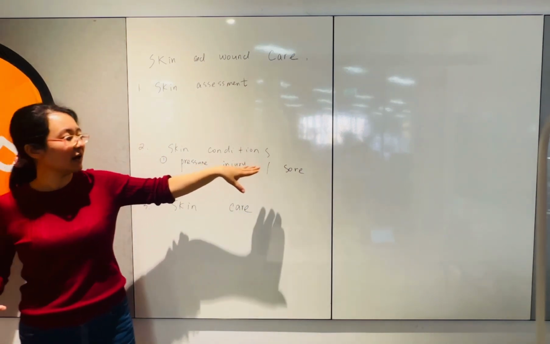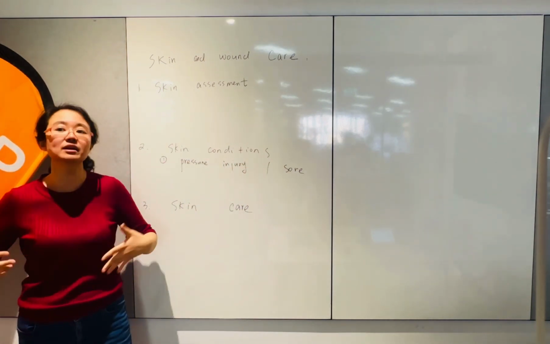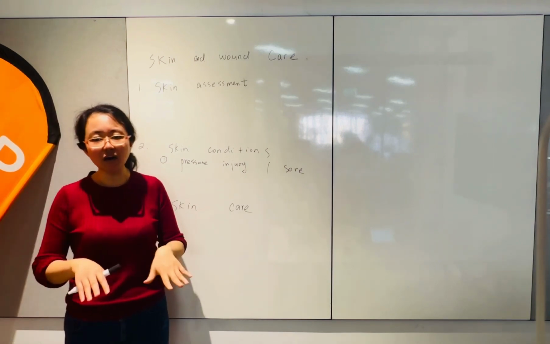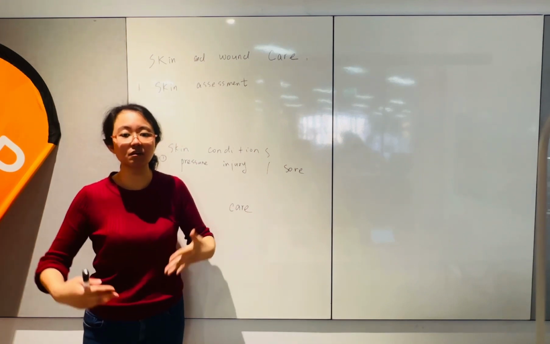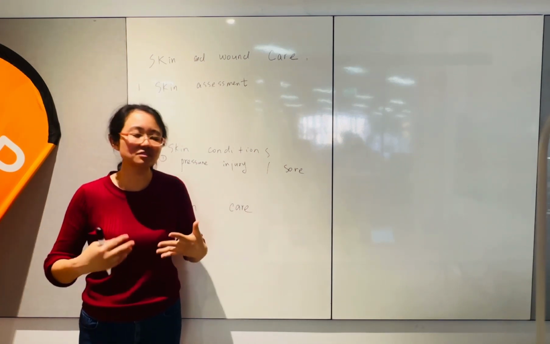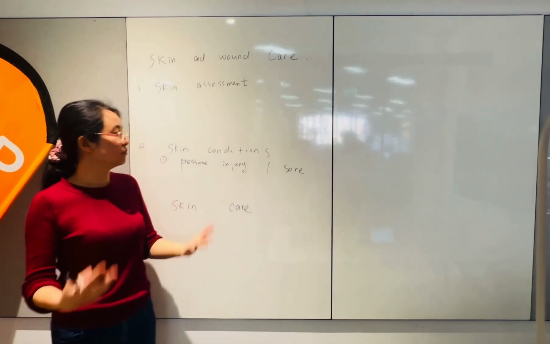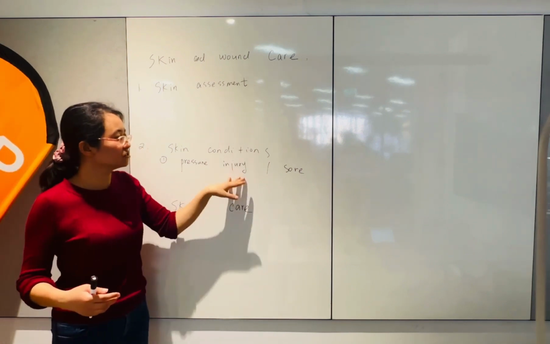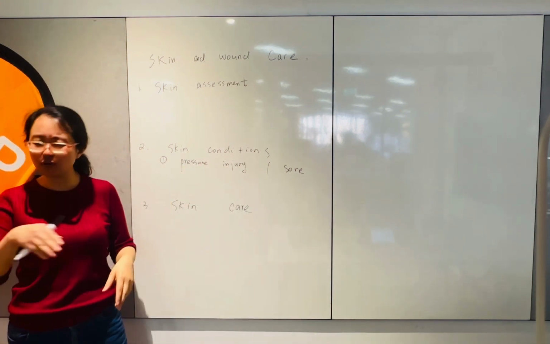These sores happen over the bony areas of the body due to long-time immobilization. If the patient does not move for a long time, they will easily develop this pressure injury.